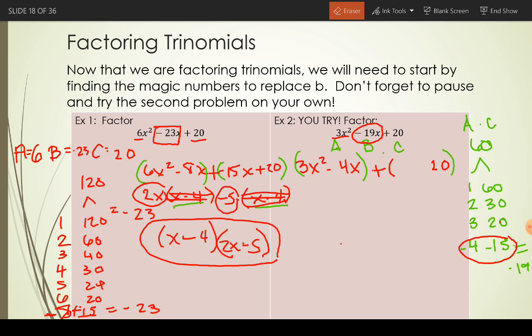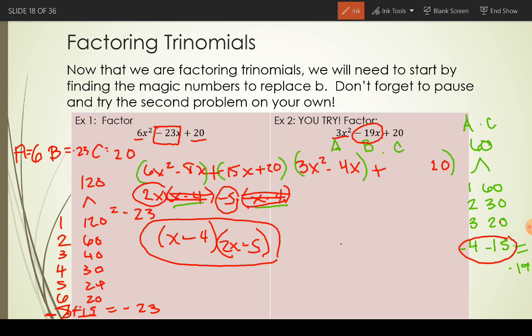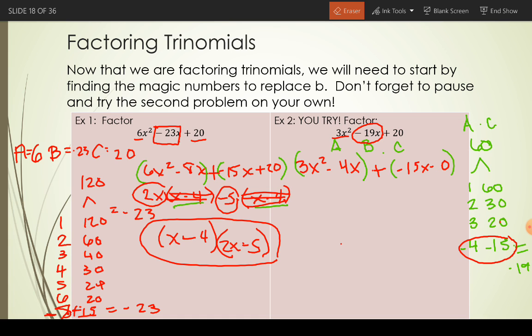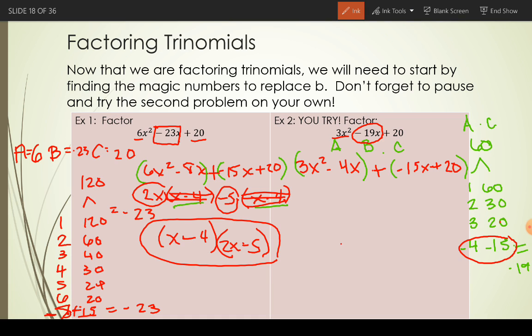And that should be green. Okay, so we'll have negative 15x and then plus 20.